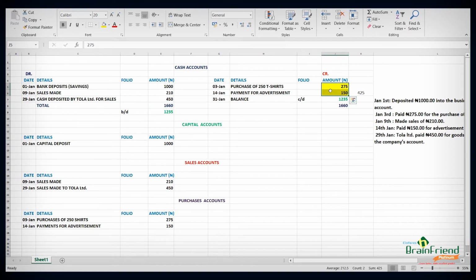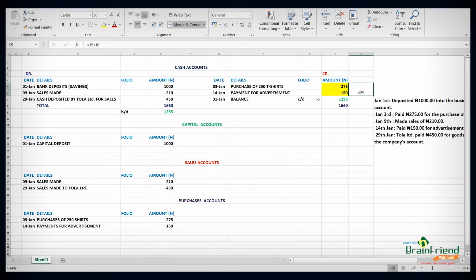Adding the values on the credit side together, we will have 425 naira. This does not balance. We can see that 1,660 naira is greater than 425 naira, but we have to balance this account.